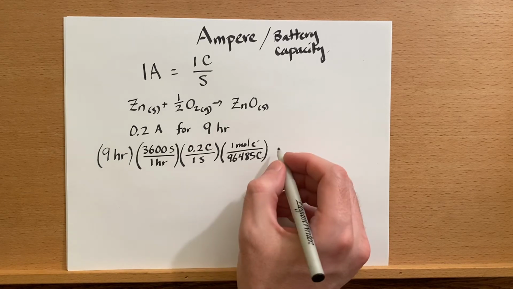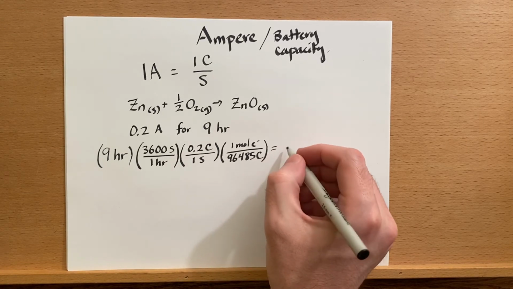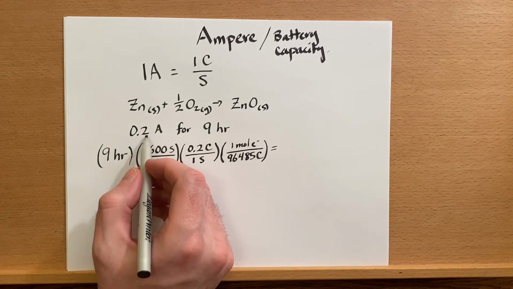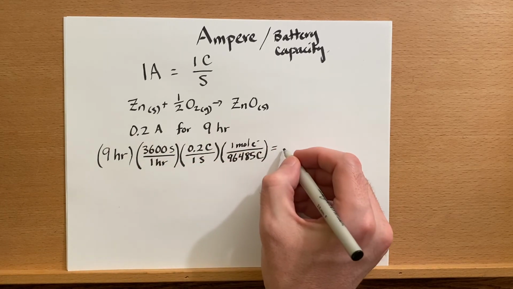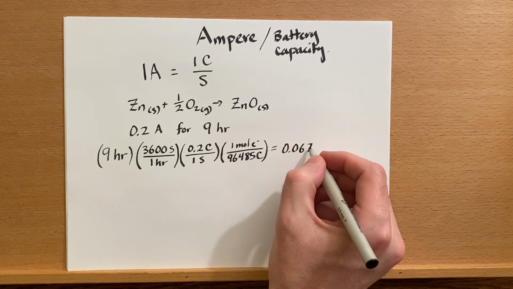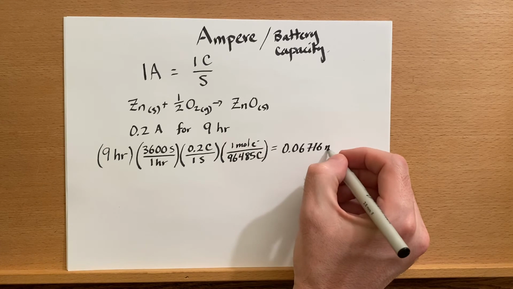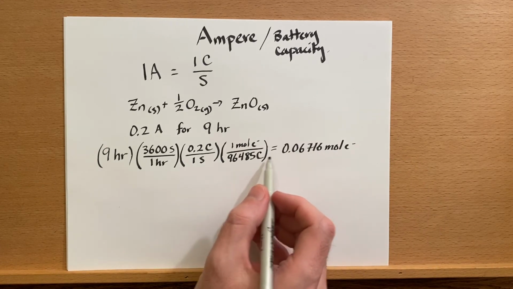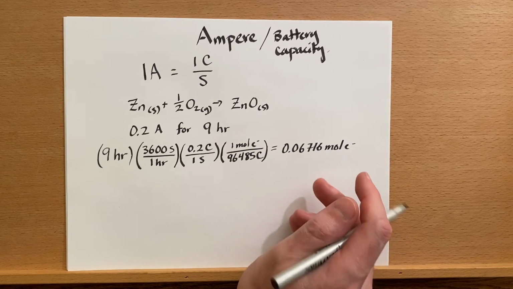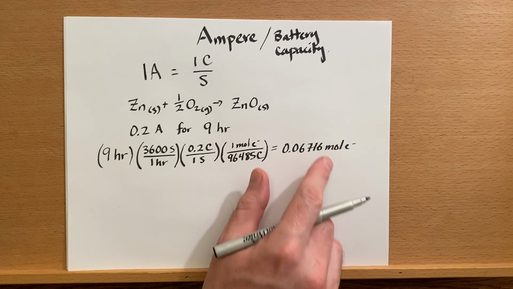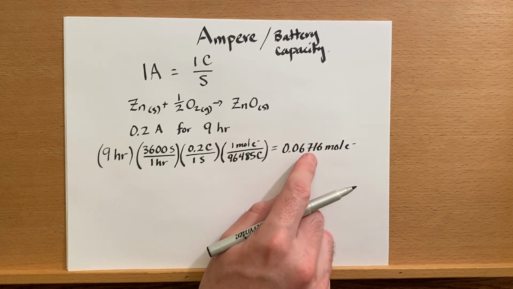So, if I do this out, I will get the number of moles of electrons that I need to generate this current for that long. I could have continued on with the dimensional analysis, but sometimes people like if I stop halfway there. So now I have the number of moles of electrons.